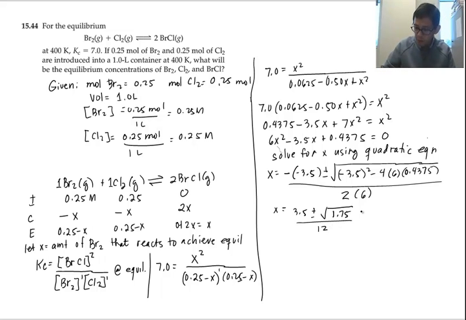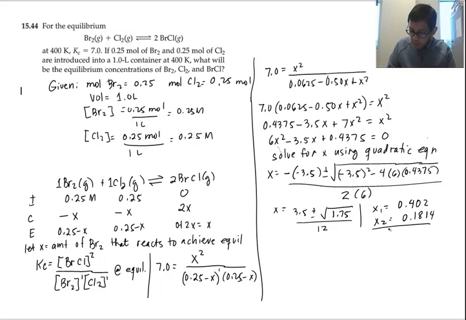So you're going to have two roots. x1 is equal to 0.402 and x2 is equal to 0.1814, and you choose the root that makes sense. The root that makes sense is x2 because we are only starting with 0.25 molar, so there's no way that you're going to get 0.4 because you're starting with 0.25.